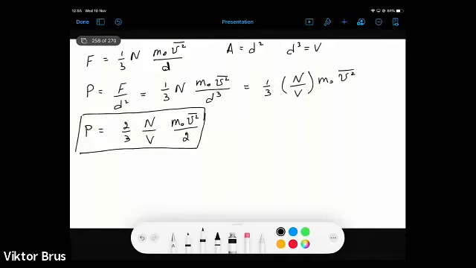So with this, we finish our discussion today. We provided this derivation of the relationship between pressure, a macroscopic state parameter, and microscopic parameters of the kinetic parameters of ideal gas.